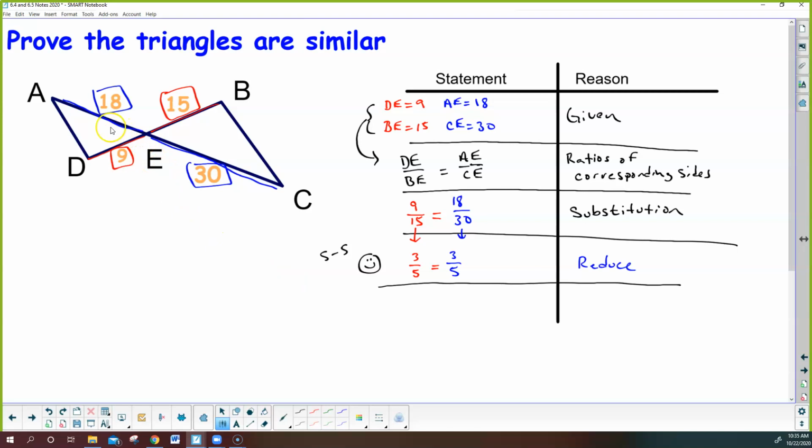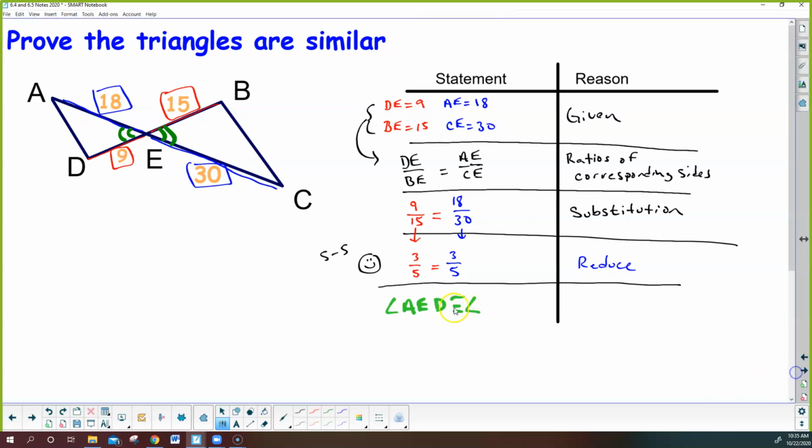Well, now all I need to do is prove that the angle between them is congruent, and that's where we can go with the bow tie. Now I have to be careful because I can't say angle E. I have to use the correct order. Angle AED.